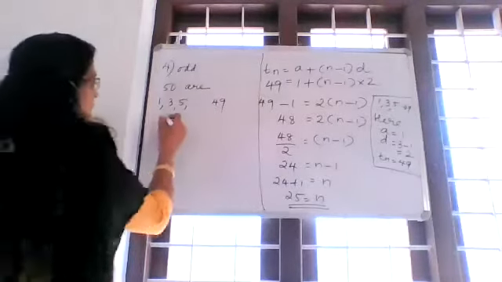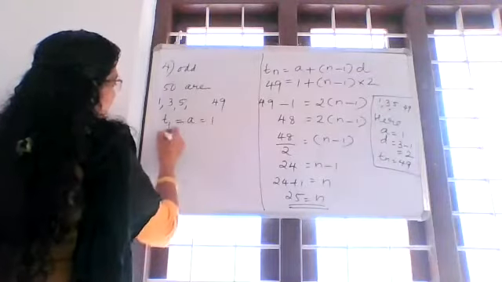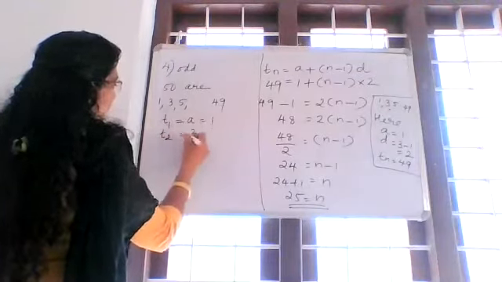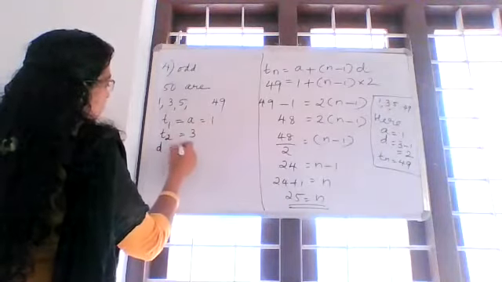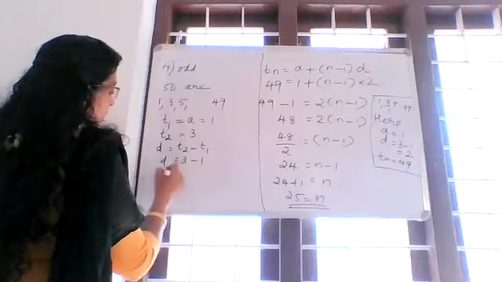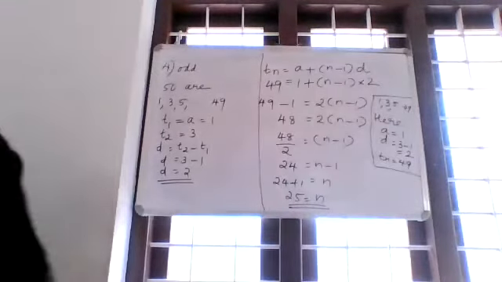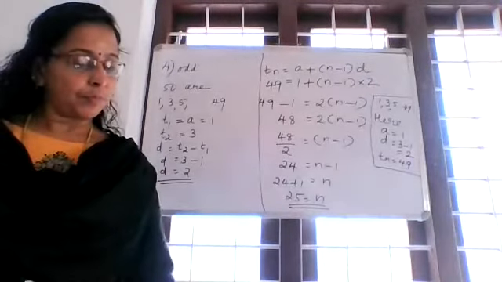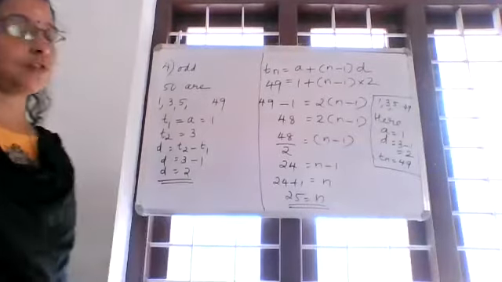Then A is equal to T1 is equal to 1. T2 is equal to 3. Then D is equal to T2 minus T1 is equal to 3 minus 1. So D is equal to 2.